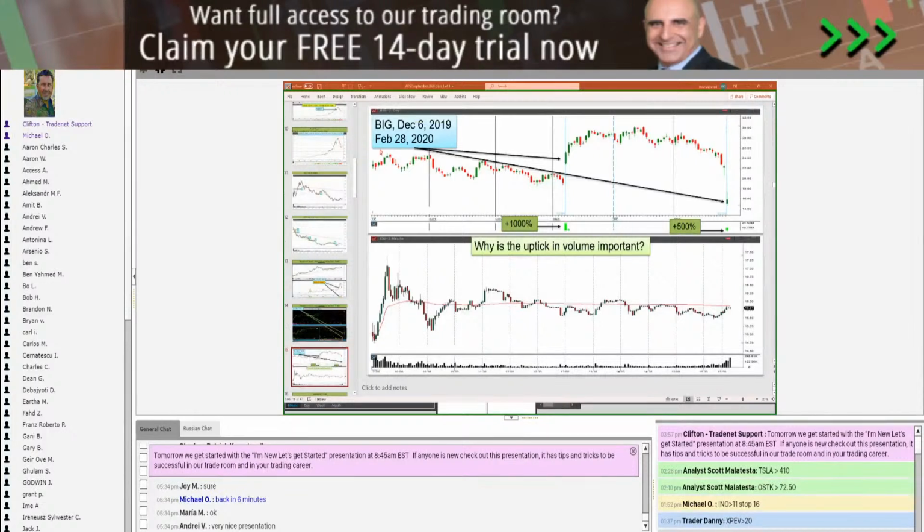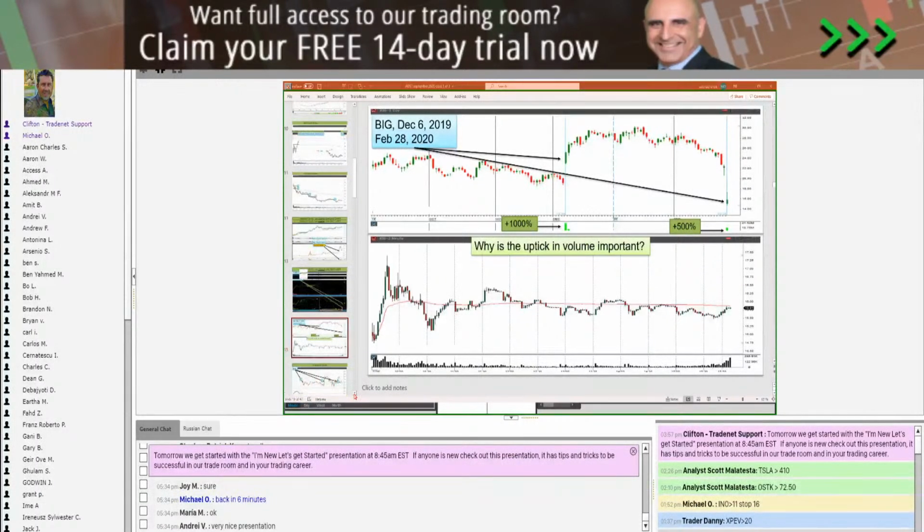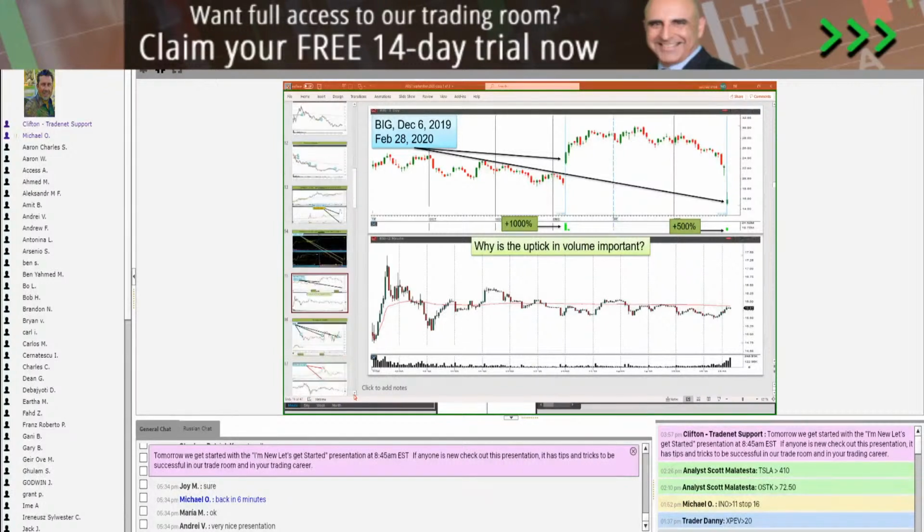Going back to this example in BIG lots, why is the uptick in volume important? The answer to that is very simple. The uptick in volume tells us that institutional traders are involved in the game.